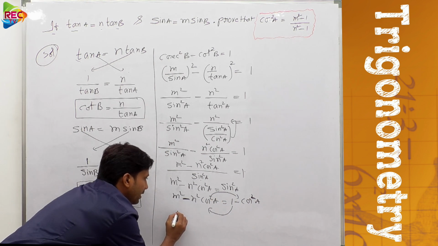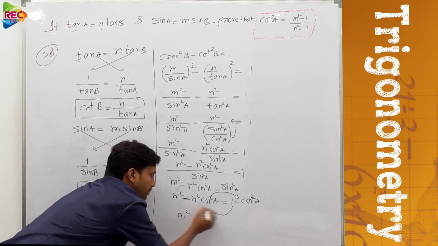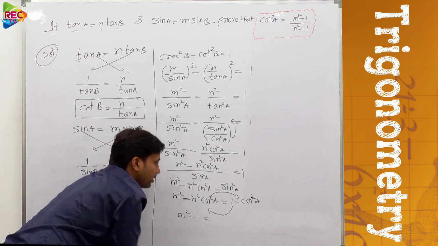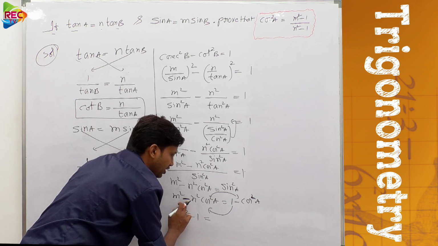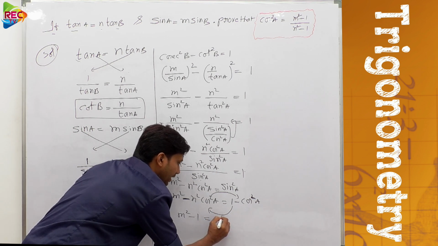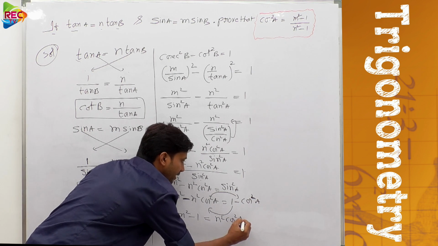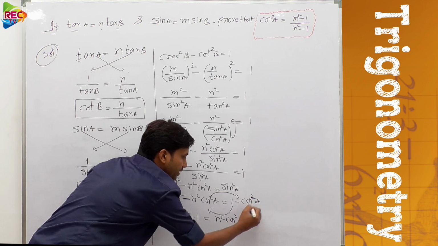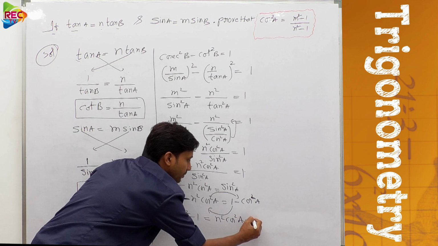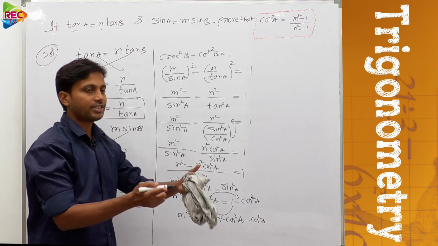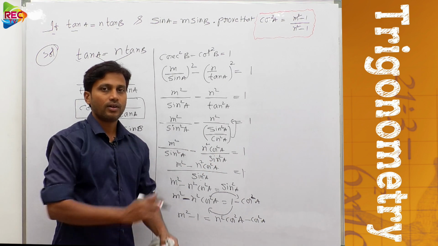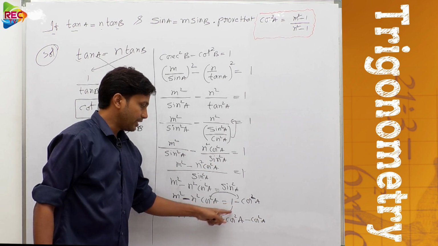Now, just see here, m square plus 1 becomes minus 1 on this side. Now, here minus n square cos square A changes to plus, okay. So therefore n square cos square A, minus cos square A, which is already existing over there. We haven't done anything, we just replaced two values from here to there. They changed their positions.